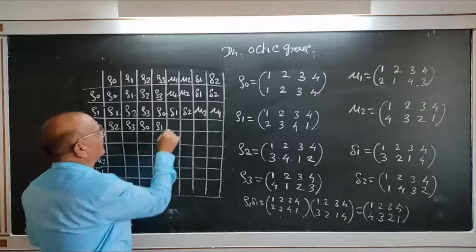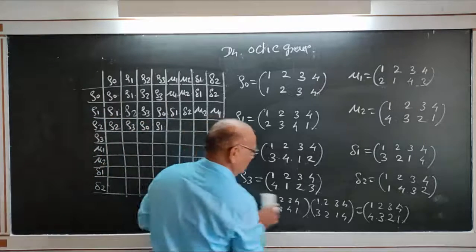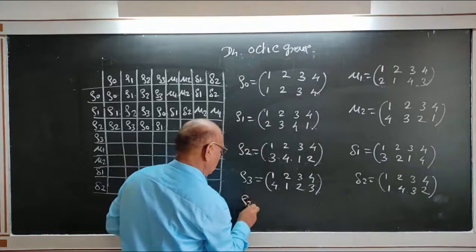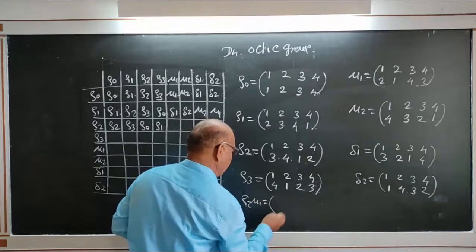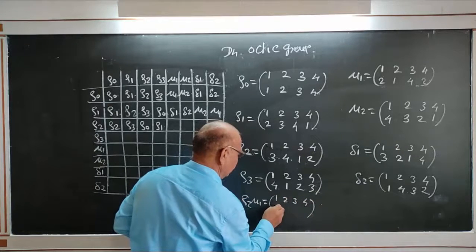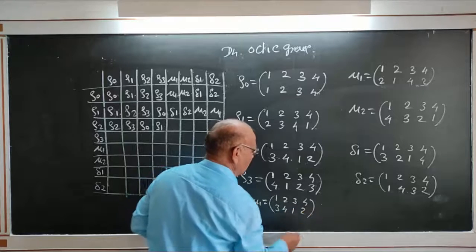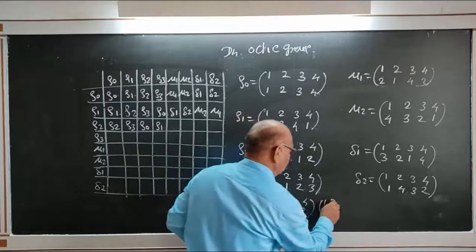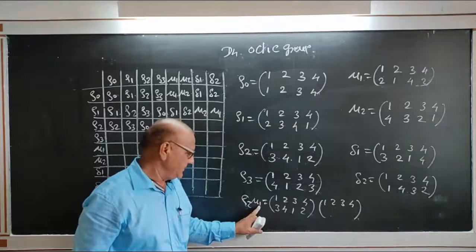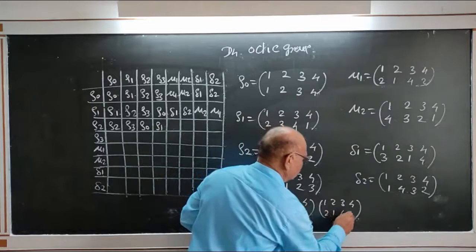Now here row 2 into mu 1. Row 2 into mu 1. Row 2 is 1, 2, 3, 4, 3, 4, 1, 2. Mu 1 is 2, 1, 4, 3.